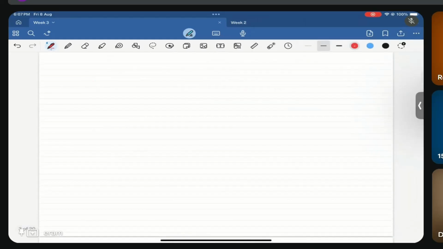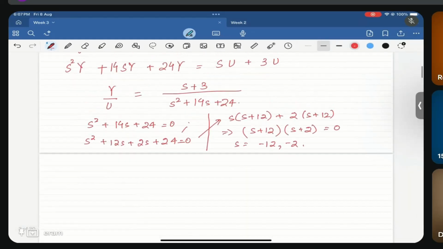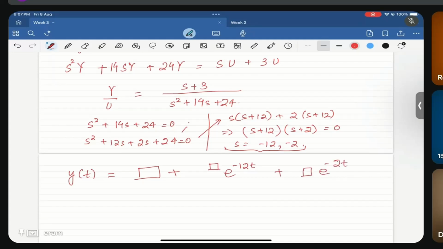If you find the response of the system, we know there are poles at -12 and -2. So in general we can say that y(t) will be something plus something times e to the power -12t plus something times e to the power -2t. We can approximately say that the solution will look like this.